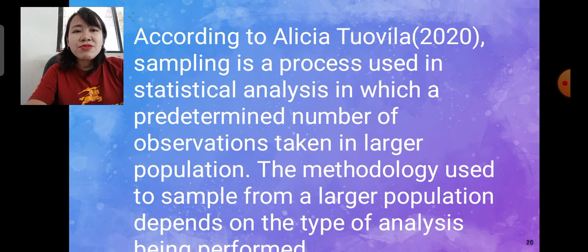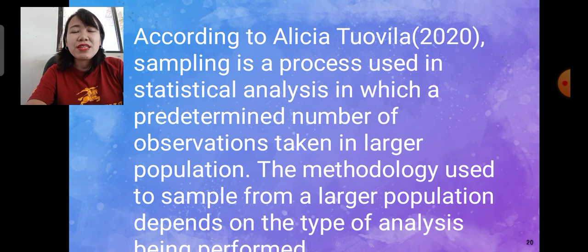So, according to Alicia Tuovilla, year 2020, so latest ito, sampling is a process used in statistical analysis in which a predetermined number of observations are taken from a larger population. The methodology used to sample from a larger population depends on the type of analysis being performed.